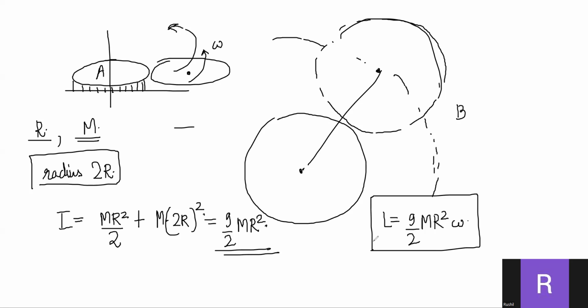What is written after that? Center of mass of B has fixed angular speed about the vertical axis passing through the center of A. What does that mean? The disk A is glued and fixed, and this is moving nicely along the circle with fixed angular speed. Is that not rotation? Yeah, it is. So the body is doing constant angular velocity rotation about the axis, and they're asking you L about this axis.